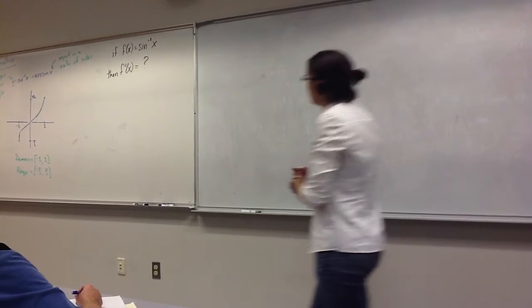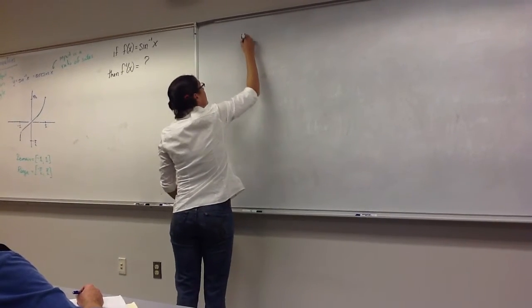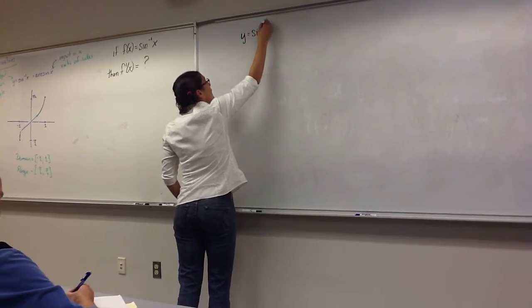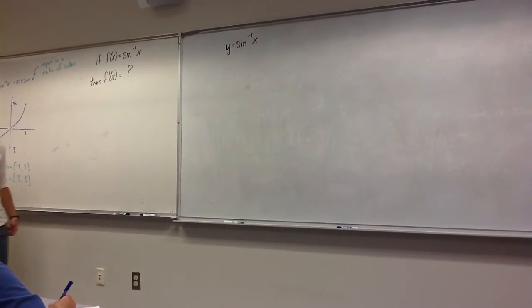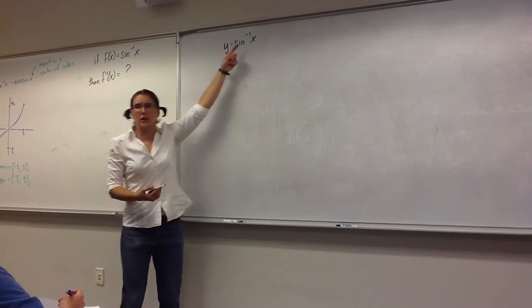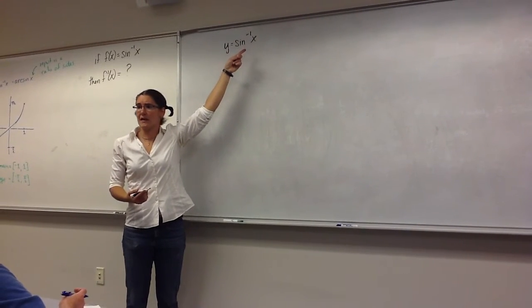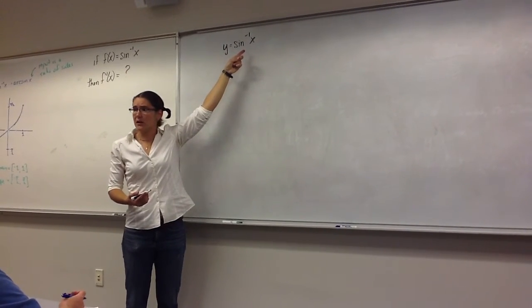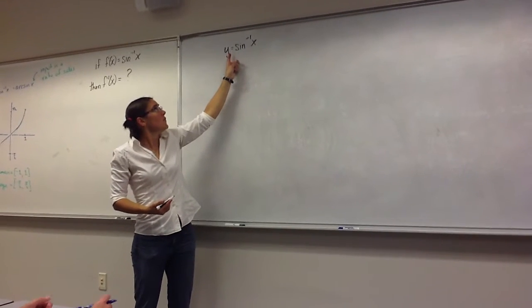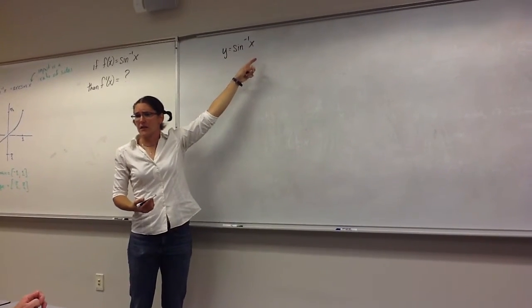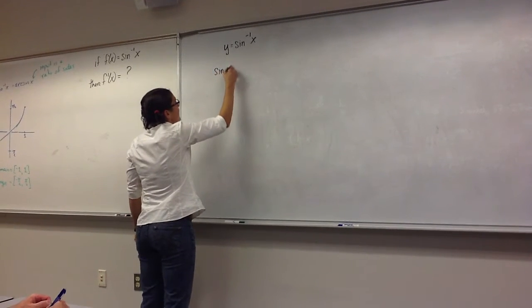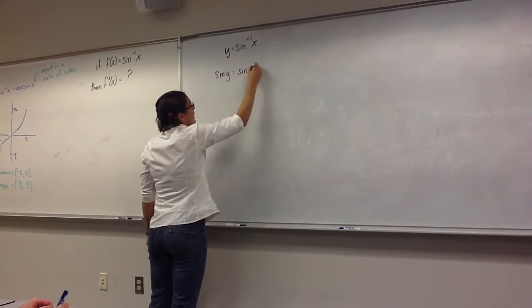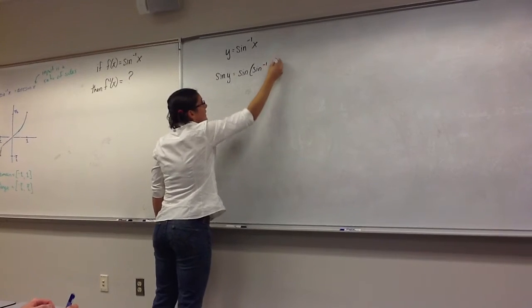All right, so we've got y equals arcsine of x, and we'd like to come up with a derivative for arcsine of x, but since I don't know a derivative for the arcsine of x, I can't just write it down. So what I'm actually going to do here is, if y is equal to arcsine of x, take the sine of both sides. Then I've got sine of y is equal to the sine of inverse sine of x.